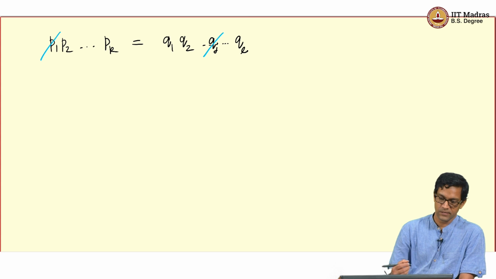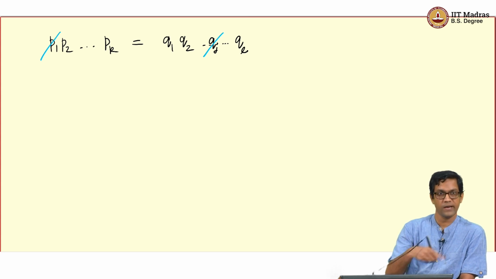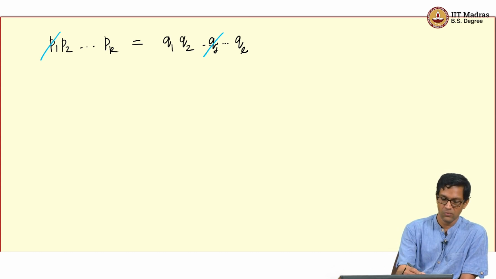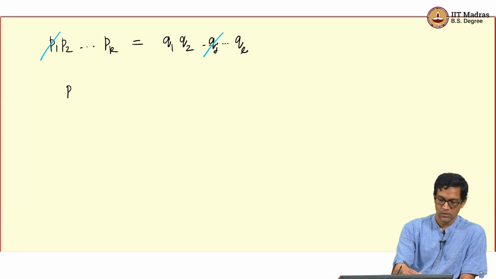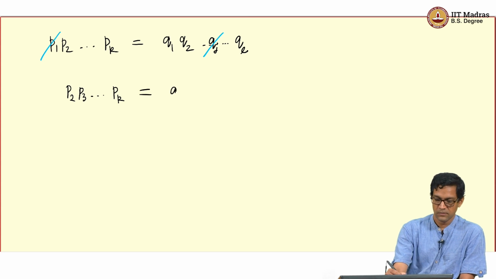So, I get rid of that term and then I am back to where I began, right. Now, it is the same problem except I have got P2, P3, up to Pk, there is one fewer prime number on the left hand side and one fewer on the right hand side. So, Qj is gone. This term Qj that was there is no longer there, okay.